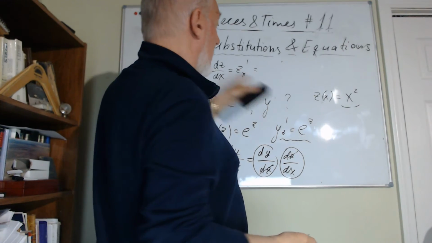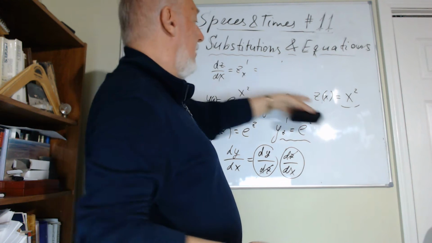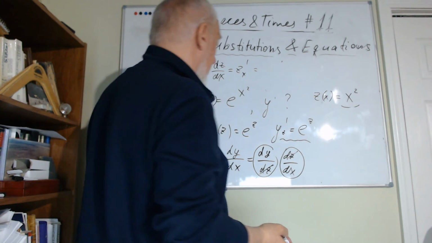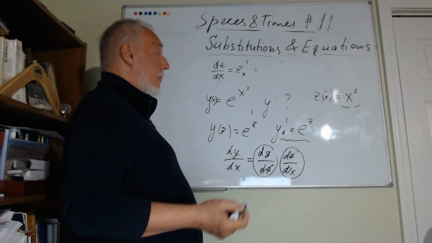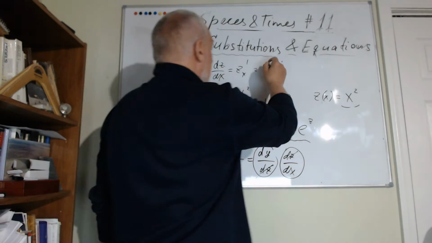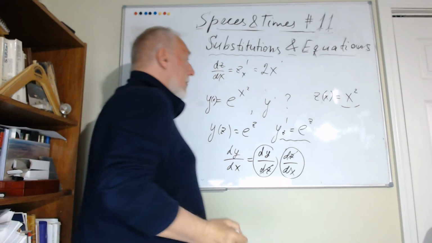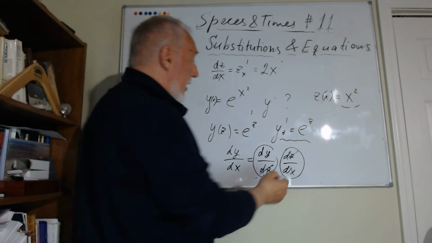We know what z is, x squared. What will be the derivative of z by x? The derivative of x squared is 2x. And dy by dz is this one.